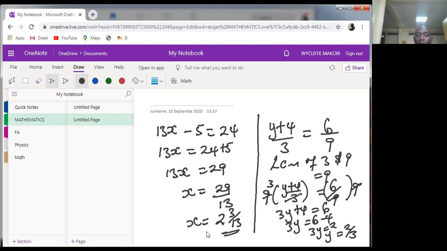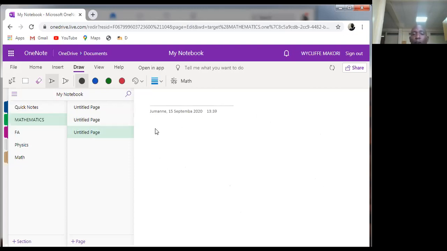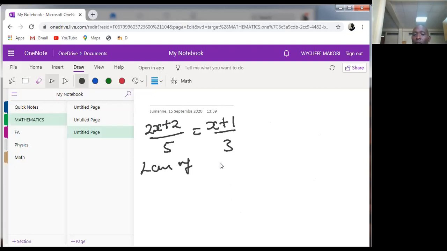Let us look at a more advanced example where you can have an equation like this: 2x plus 2 over 5 is equal to x plus 1 over 3. And you are told to work out the value of x. The same case will apply. First of all, get the LCM of 5 and 3. In this case, that LCM is 15.